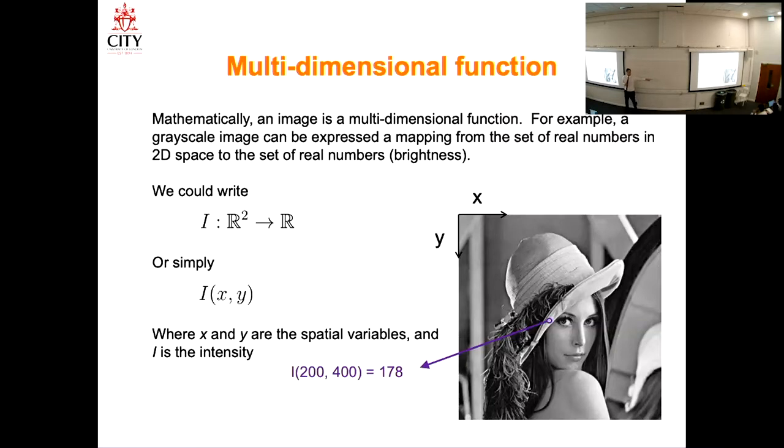So when we say that the intensity value is 178, it's a number which is represented in bits. So this would be 1, this is 128, and then this is 64, so this is also a 0, and so on.